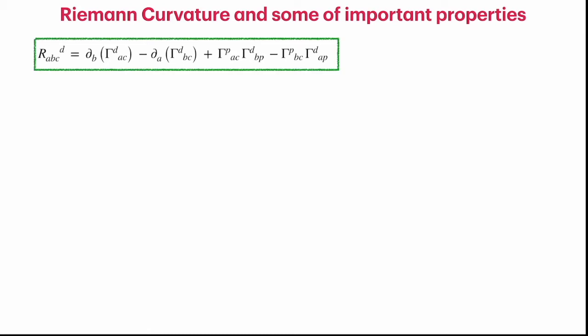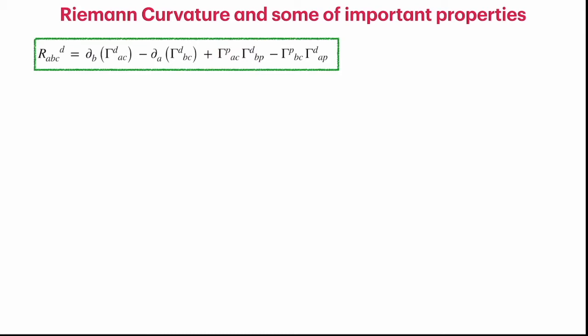The definition of the Riemann tensor is given in terms of the first derivative of the Christoffel symbol and the product of Christoffel symbols. That is why it is non-linear. Here is where the non-linearity comes in, because of the product of Christoffel symbols.